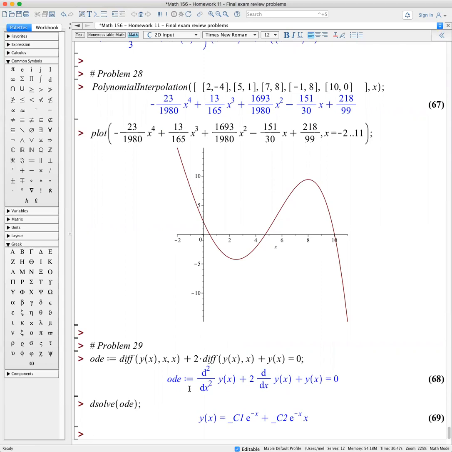It's some linear combination, these are constants, of e to the minus x and e to the minus x times x.